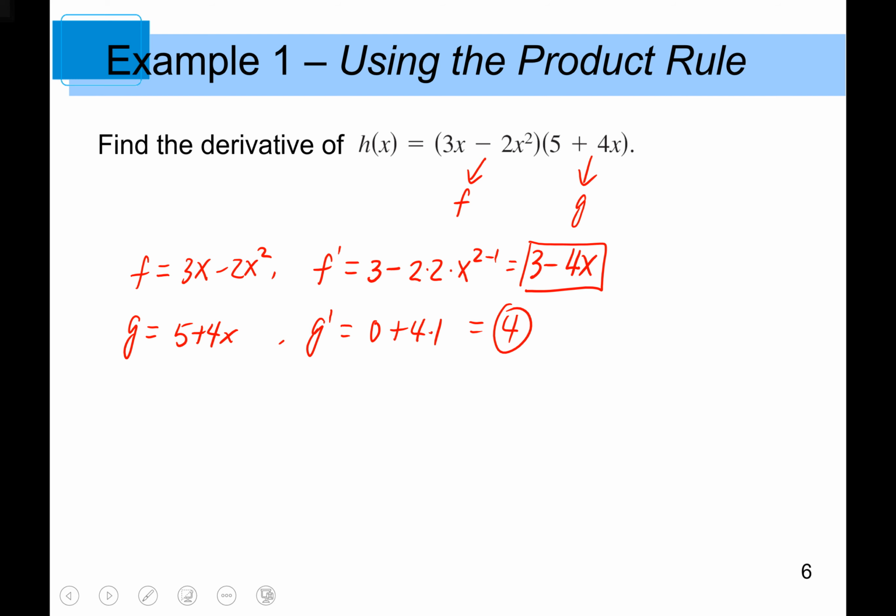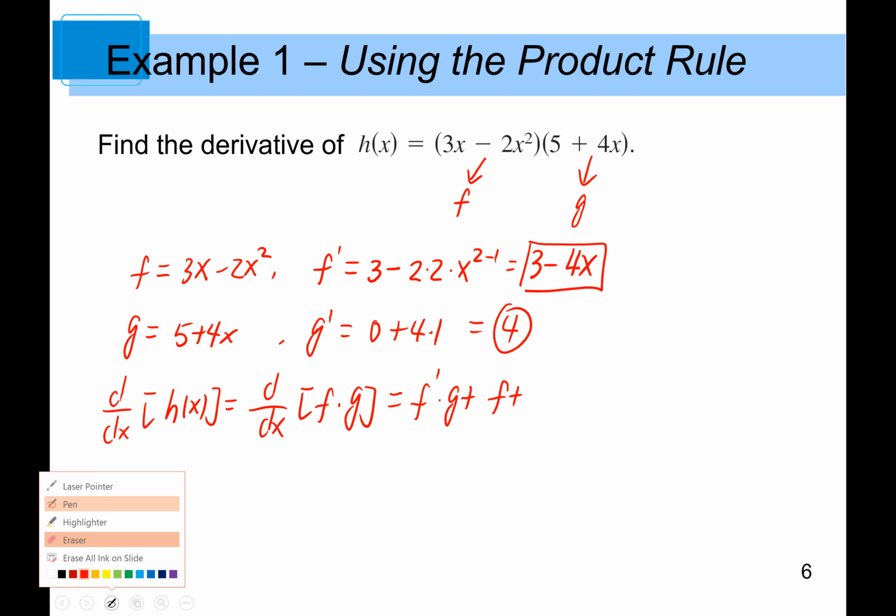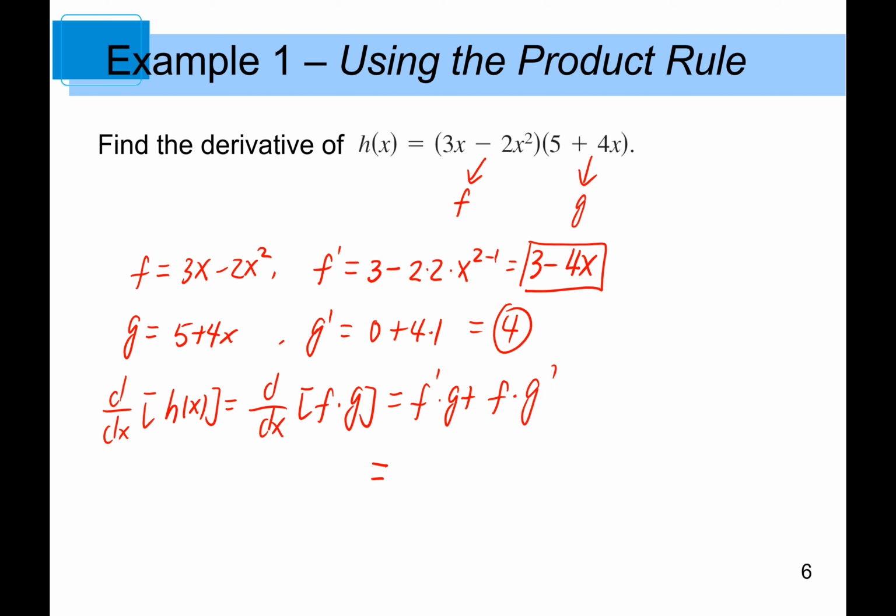Now we can just apply the derivative of h of x, which is the same thing as the derivative of f times g. So it's f prime times g plus f times g prime. So now just replace f prime and g prime with the given expressions.